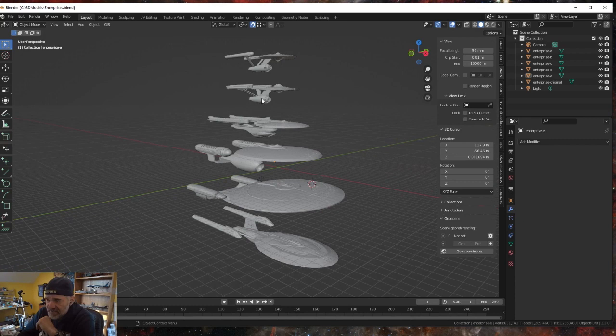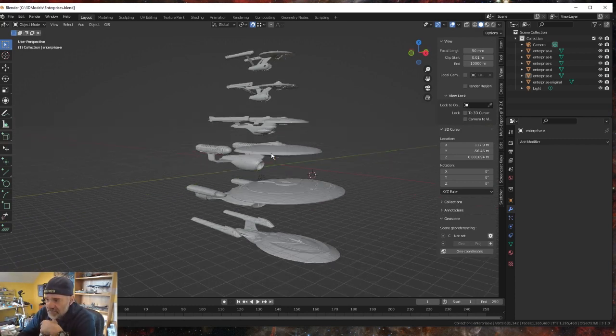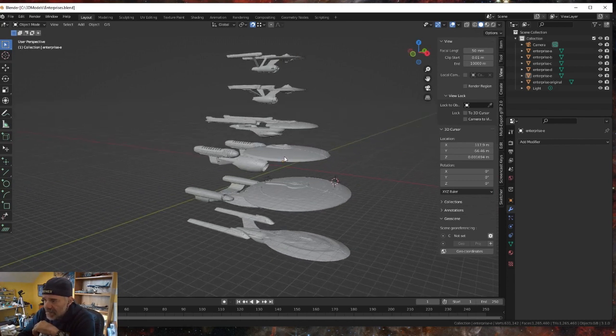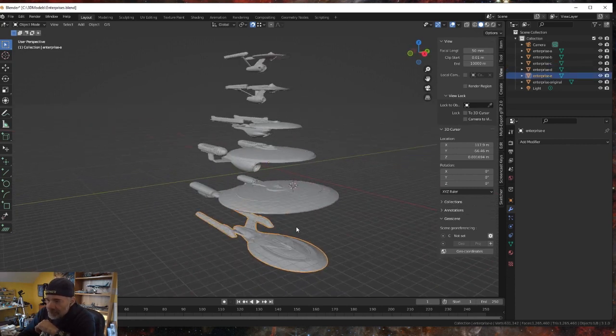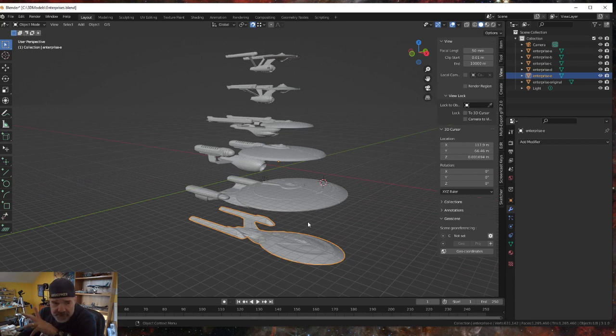This is the Alpha, Bravo, Charlie, Delta, and the Echo. Okay? But these are Blender files. Actually, they're not Blender files. Well, they are now because I converted them into Blender files.